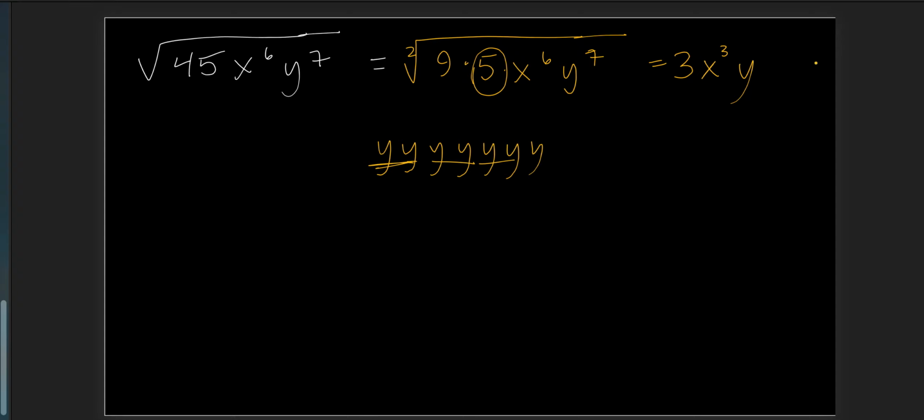So there's 3 y's that can come out, but 1 y is left under. So a 5y is left under the square root. So you've got to make sure this 3 does not look like it's the index number here, because that's actually a square root. So a 5's left under and a y is left under, and you'll probably have multiple choice. So you can be careful and identify what the correct answer is here.